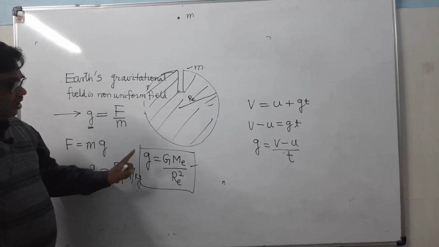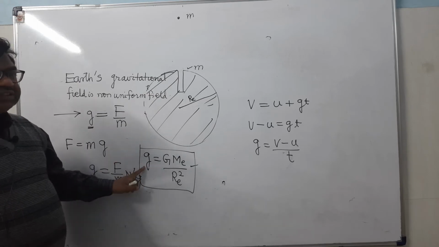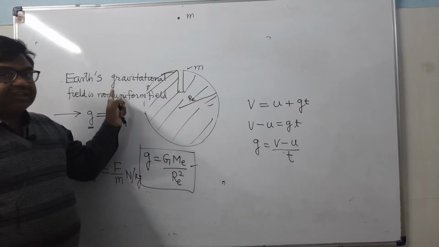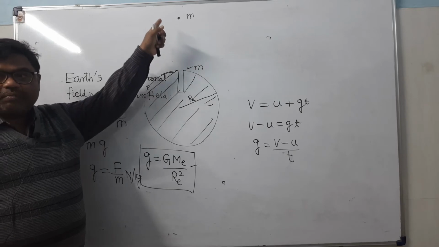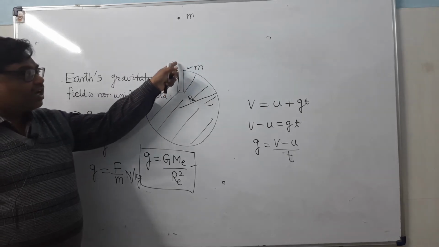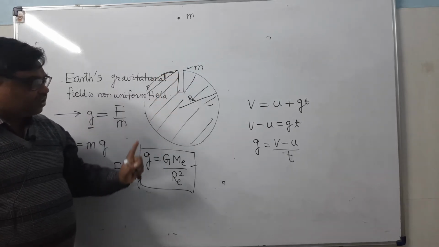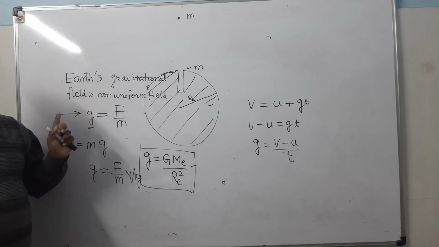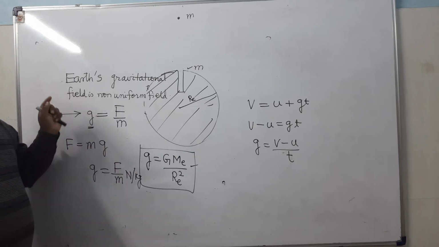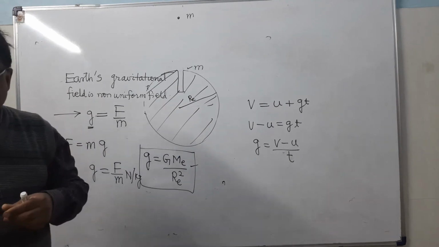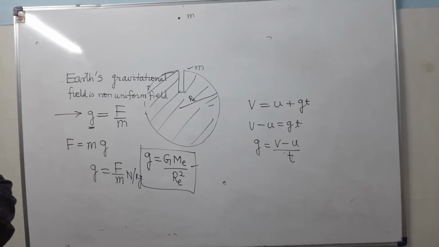So g has its maximum value on the Earth's surface. On going above or below the Earth's surface, the value of g decreases. Is it clear? Now we will see how it varies on going above the Earth's surface.